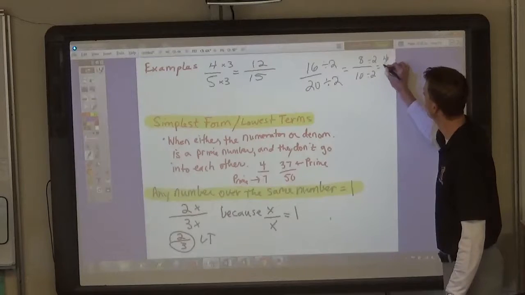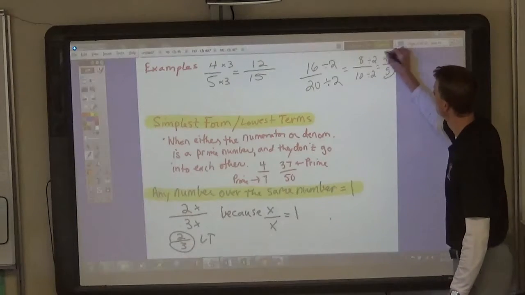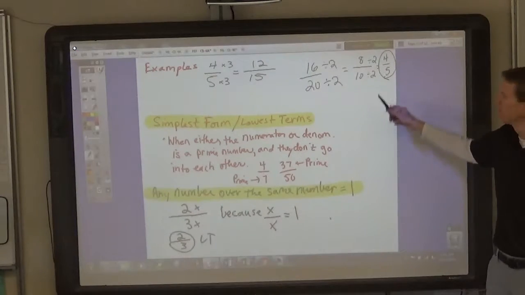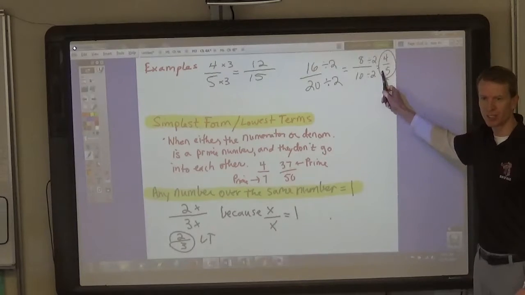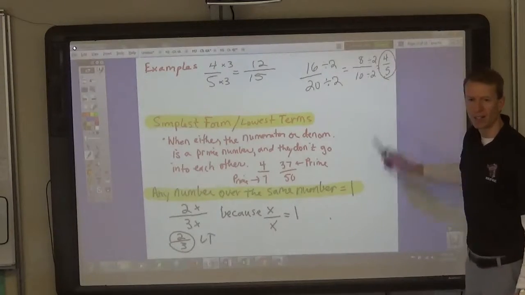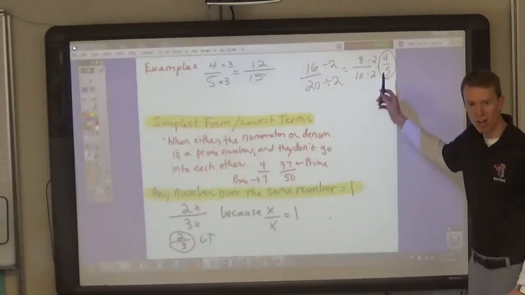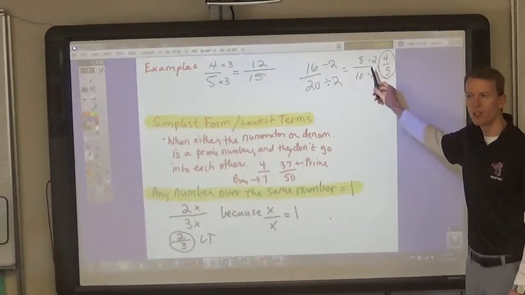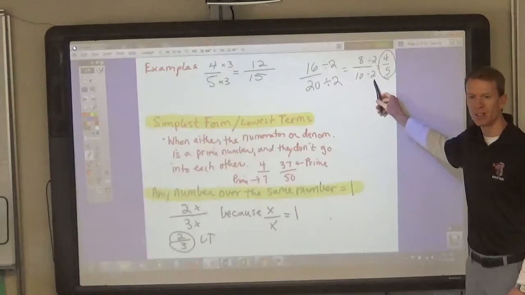Until you get to numbers like this. What can you tell me about these numbers? Tyler? 4 and 5, yeah. 5 is prime, yep. And so once you get down to a prime number, then what?